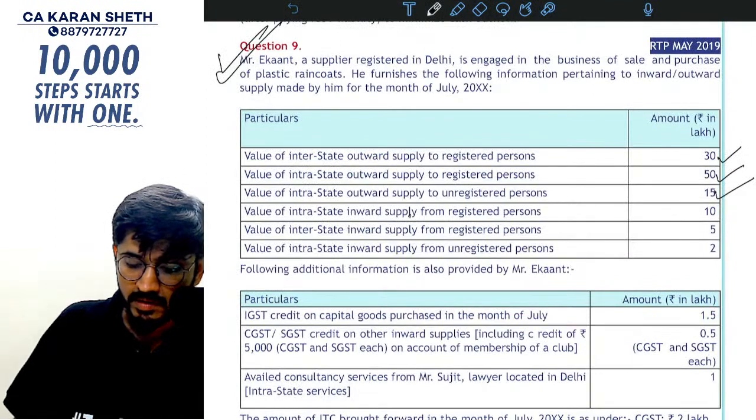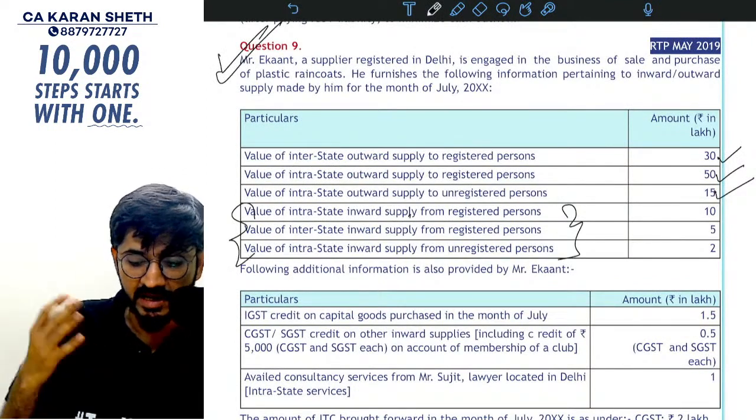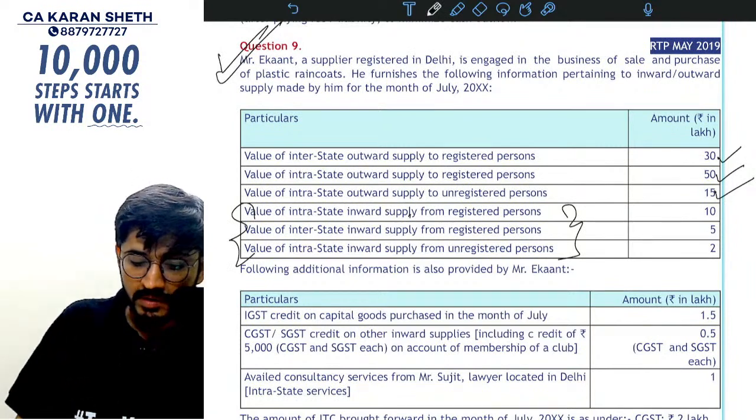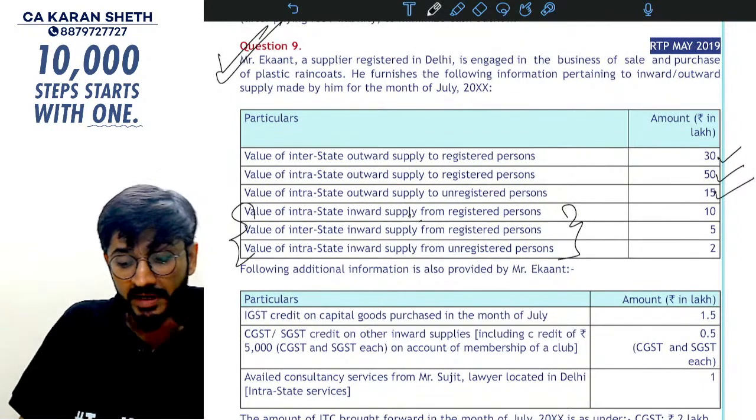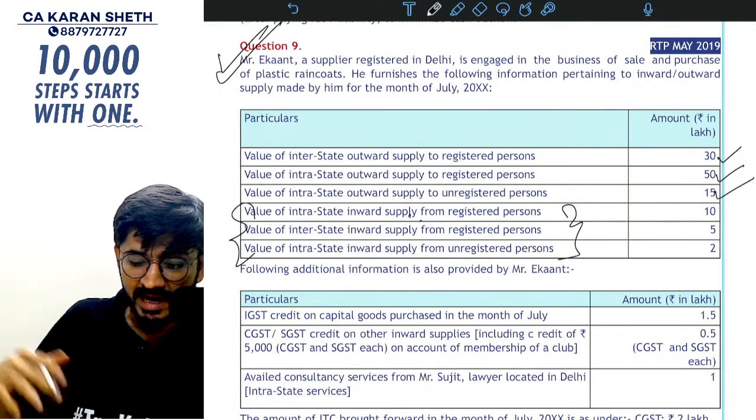Next. Now this is all inward supply का data. So all purchases का data, all ITC का data. Okay. Inward supply from registered person. So opposite person is registered. I am also registered. 10 lakhs.